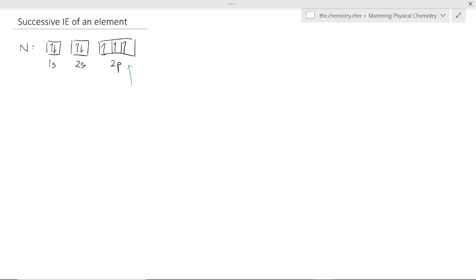The next thing that you need to take note of is the jump from level to level. If you look at the energy level diagram, if this is my first shell, my second shell is a distance away, and my third shell is nearer to my second shell than the distance between the second shell and the first shell.